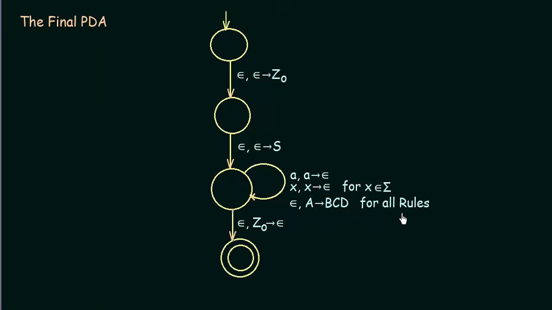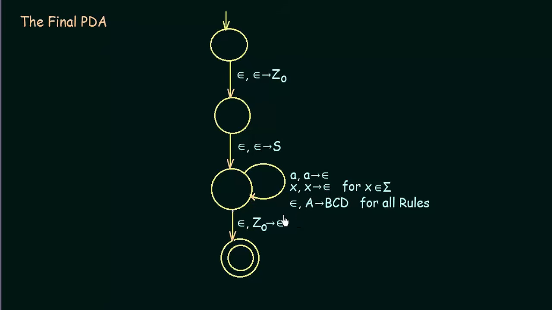If we are getting non-terminals, then we don't advance the input, but we match the top of the stack with the left hand side of the rule, and then we pop that element, which should be the same, and then we push the right hand side of the production to the stack. So this state over here is just a generalized way to denote all the transitions that we have if we get a terminal symbol or a non-terminal symbol.